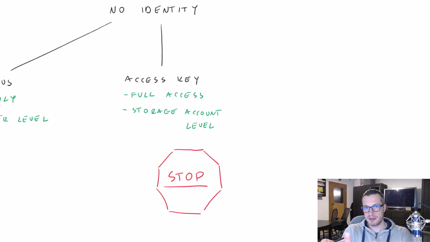Don't use access keys, really. If you spot in your projects that you are using access keys, then start asking questions. Why are we using them? Do we really need that level of access? Probably not.